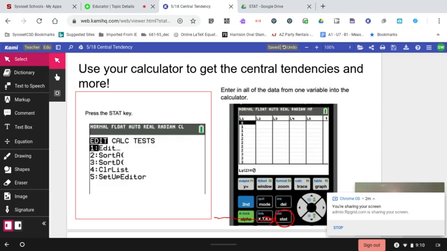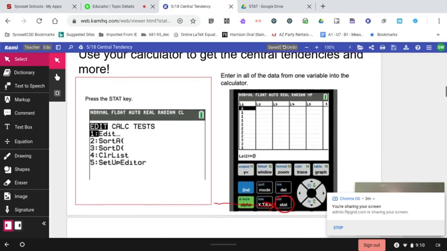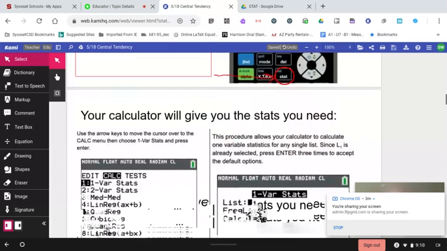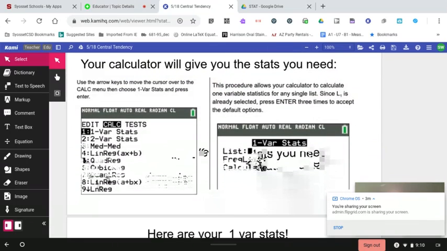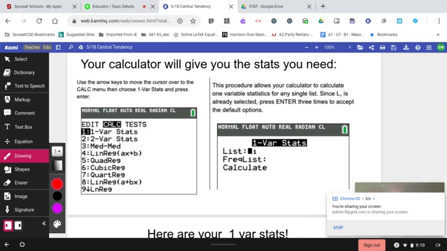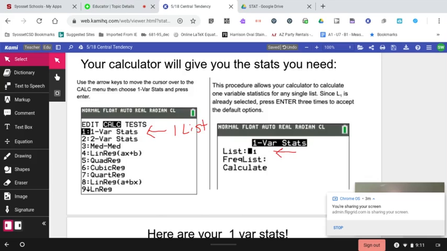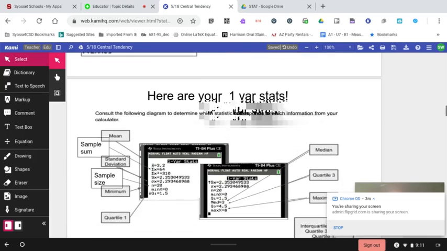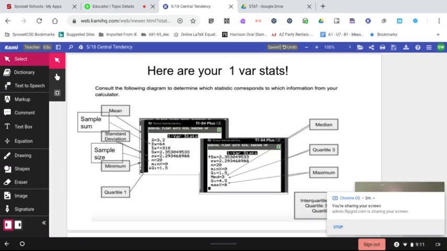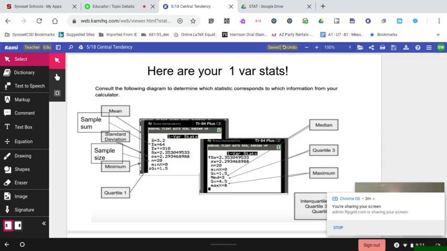Then go to Stat Calc and go to one variable statistics, because we only have one list of data. You'll get this screen, which will only give you the one list. If you continue to hit enter, you will get all the statistics that you need for one variable.